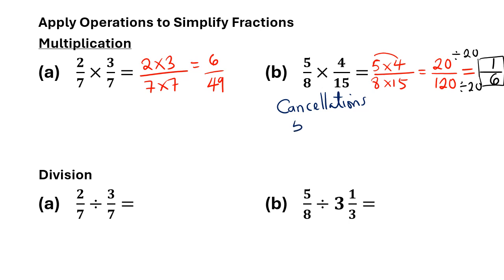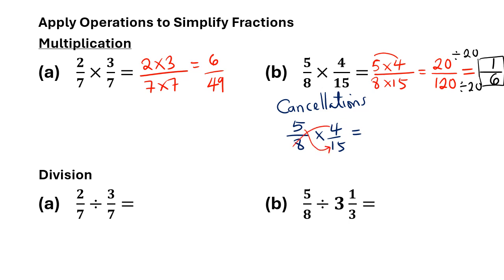Let me show you. 5 over 8 times 4 over 15 is equal to, so let's go. This is what I'm going to do. Since 5 does not divide 8 exactly, or 8 does not divide 5 exactly, I would rather compare 5 and 15, and then compare 4 and 8.